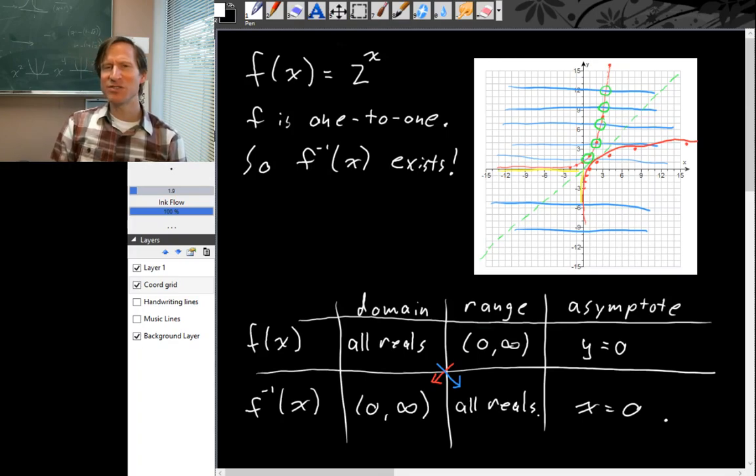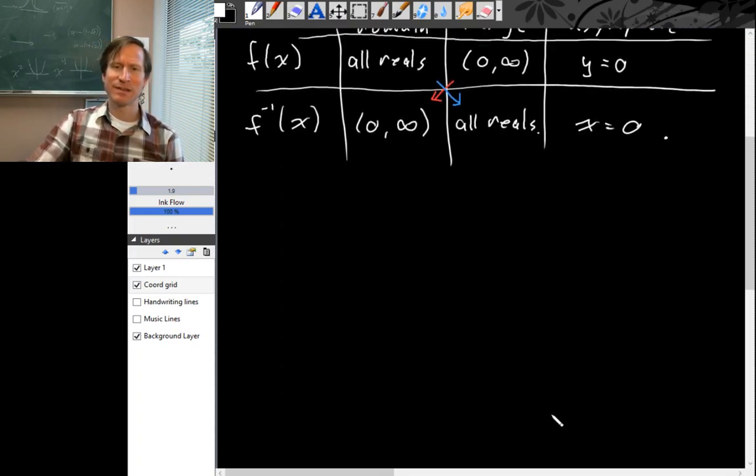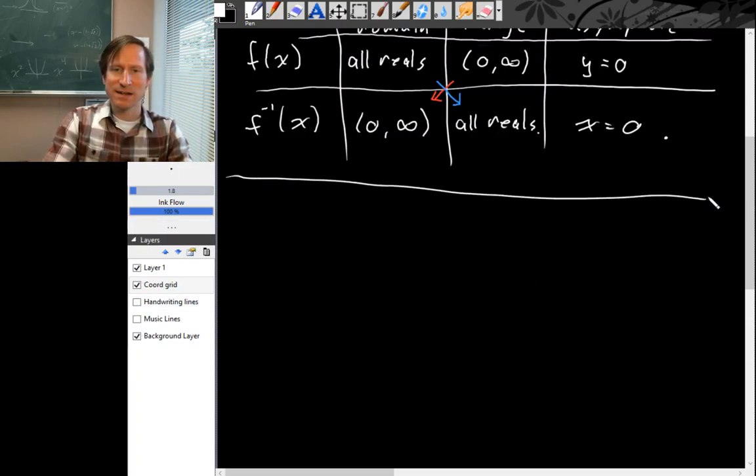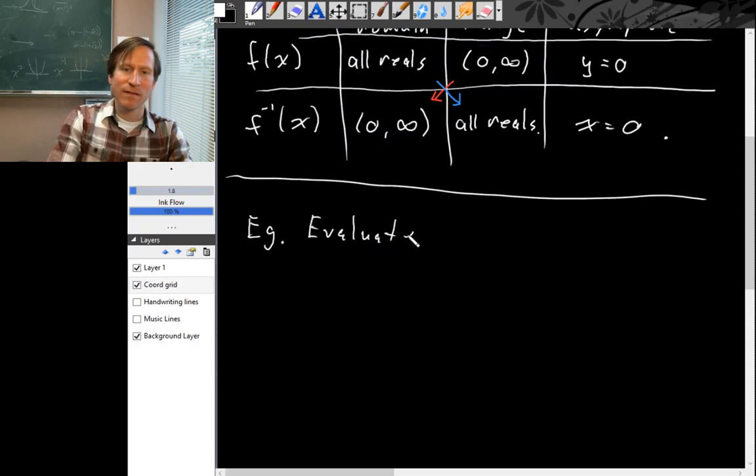Let's see if we can use this to evaluate this new inverse function. Just as an example, let's evaluate f inverse of, let's say, 64.